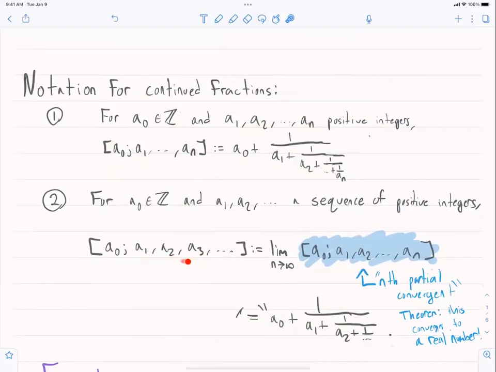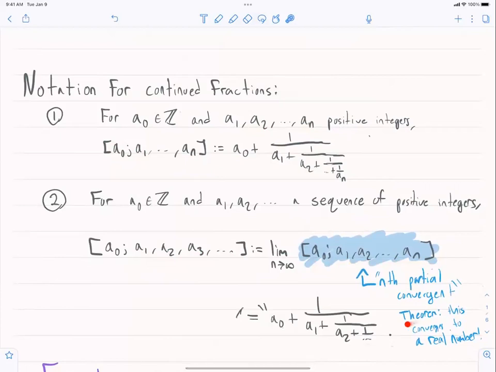So this is an infinite sequence instead of just a list of n numbers. Well, we just define that to be the limit as n goes to infinity of these finite continued fractions. So just like when you're defining an infinite sum, you really define it to be the limit of the partial sums as n goes to infinity. So this nth step is called the nth partial convergent.